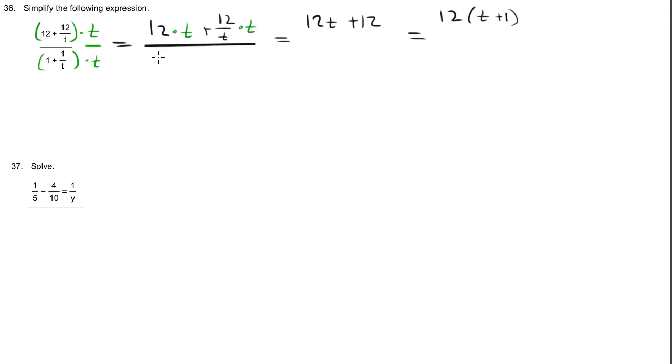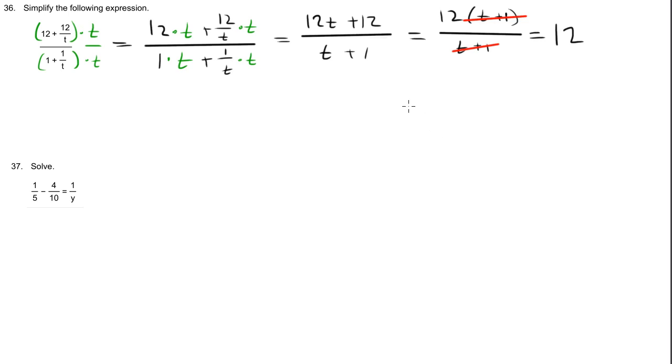And then in the bottom, we're going to have 1 times t plus 1 over t times t, which gives us t plus 1. Ooh, and if we've got t plus 1 in the numerator and the denominator, they're going to cancel out, and we'll be left with 12. Huh, that's odd. This whole thing reduces down to 12.